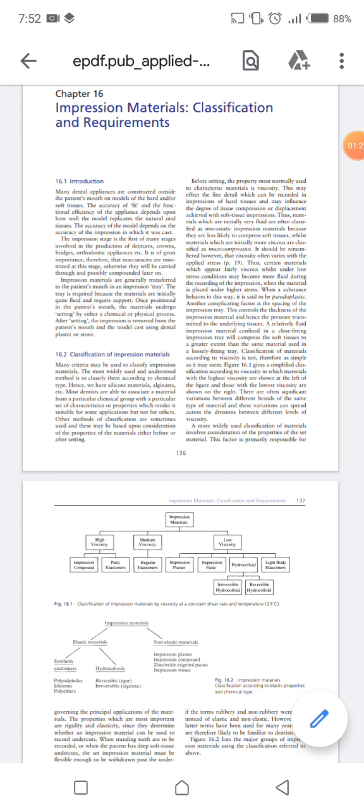When we pour gypsum into the impression, we get the gypsum product, the cast. So the cast is the positive record of the patient. You need to remember this.